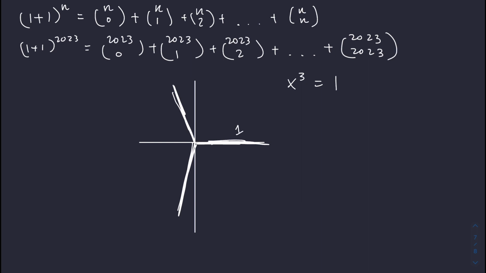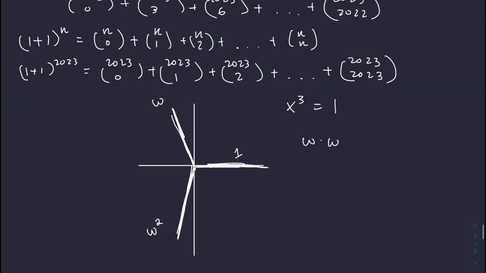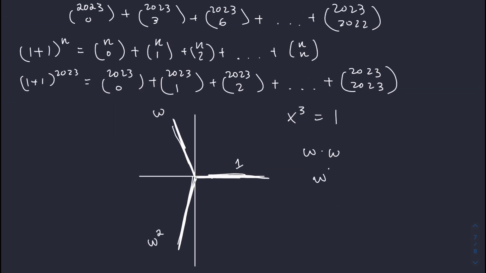So this is the first one, and we'll just have the second root of unity for the cubic be omega. And this is actually omega squared, because if you multiply two complex numbers together, you are adding their angles together. So omega squared would be over here because you've just added 120 degrees to omega.